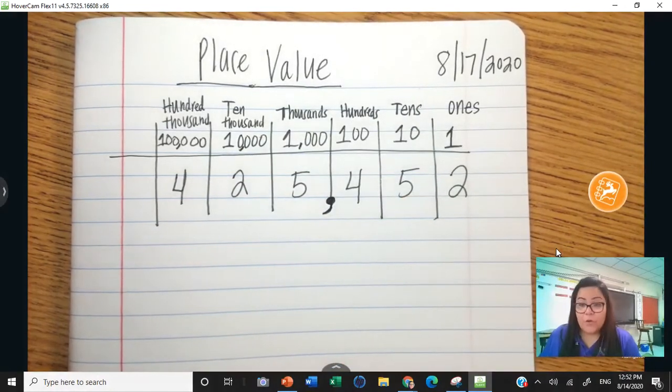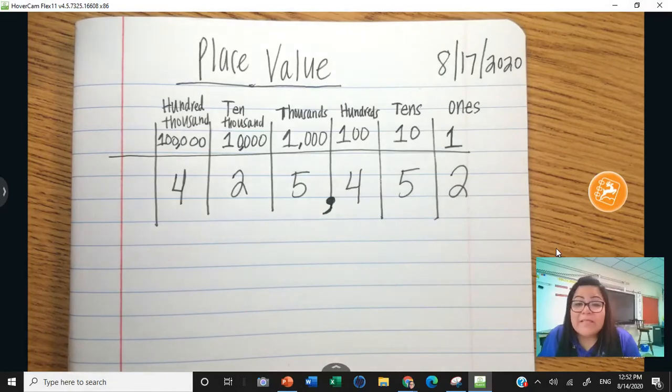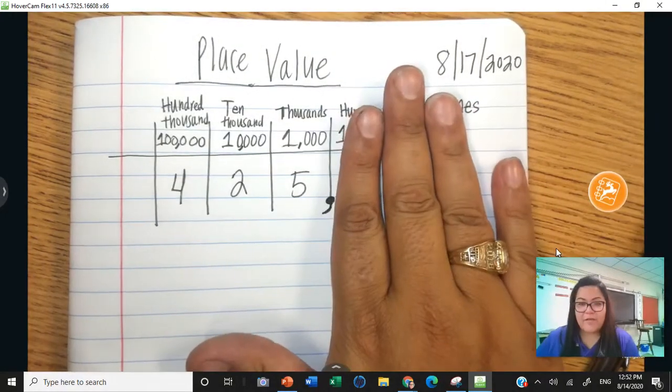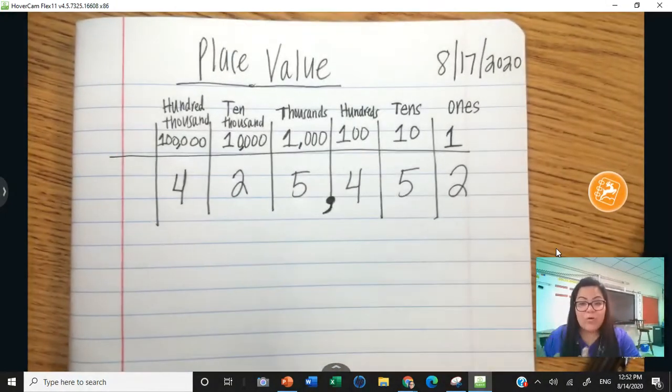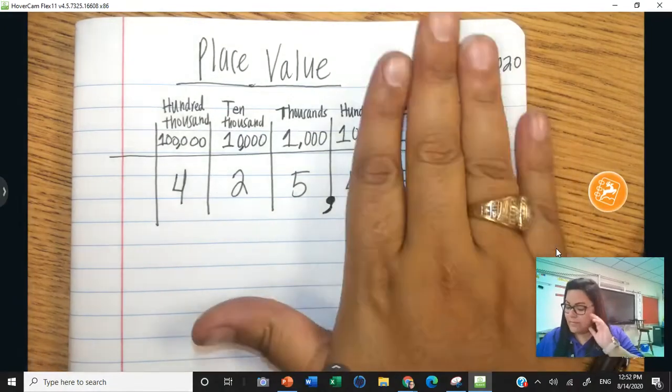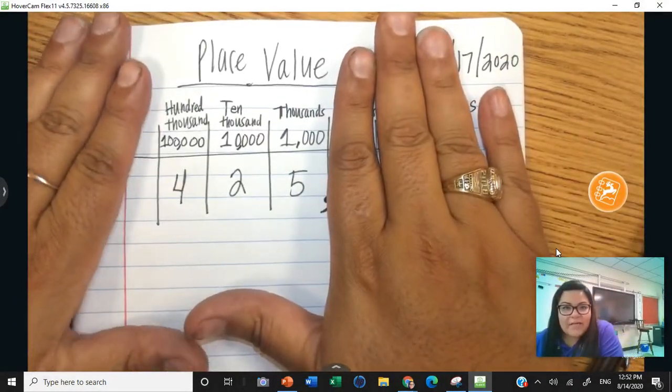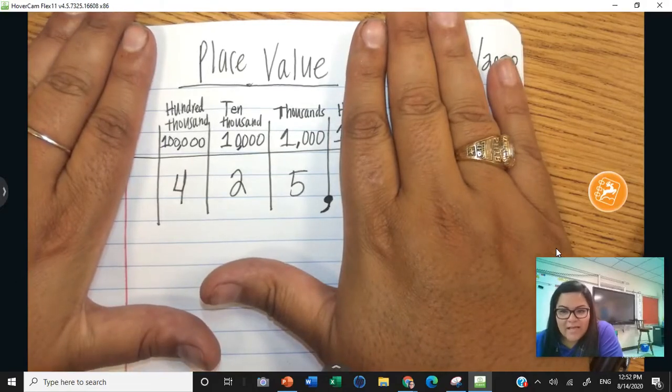So I'm going to tell you how to read this huge number. I'm going to pretend that these numbers are not there because we can break them up into houses. This entire house here is called the thousands house.